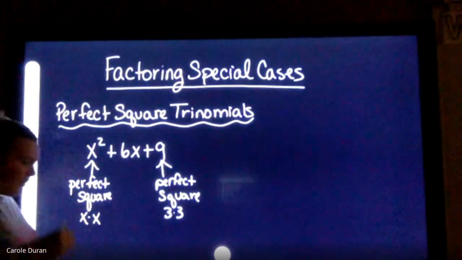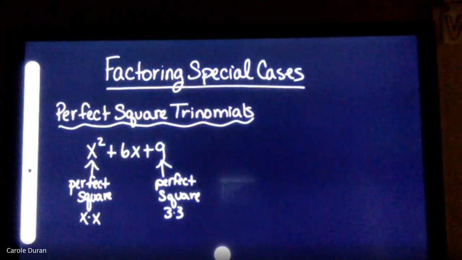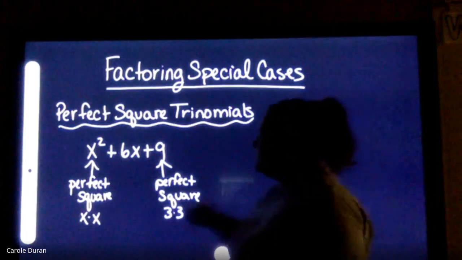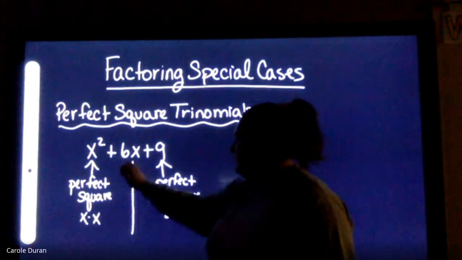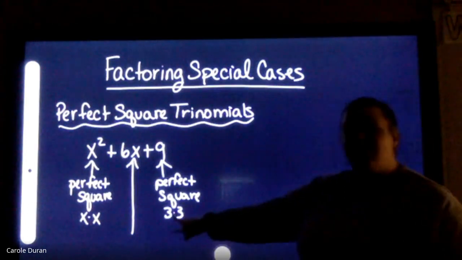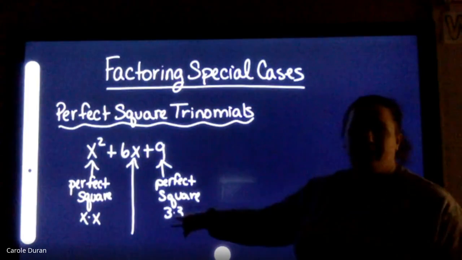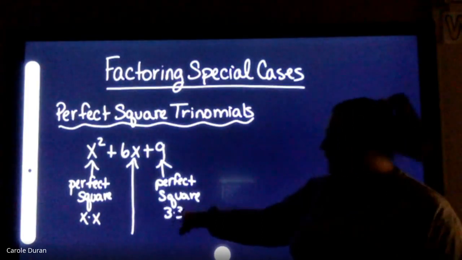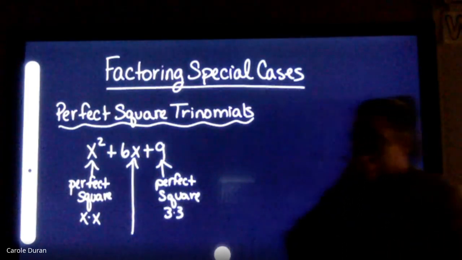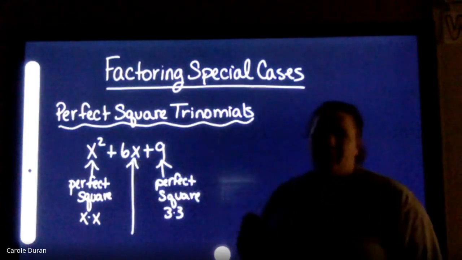So a perfect square trinomial has a first term that is a perfect square and a third term that is a perfect square. It's also important to note that the middle term is 2 times the square root of the constant, with that first variable on it. So 3 plus 3 is 6, and we have an x to get the middle term.